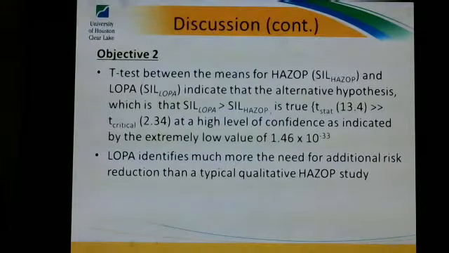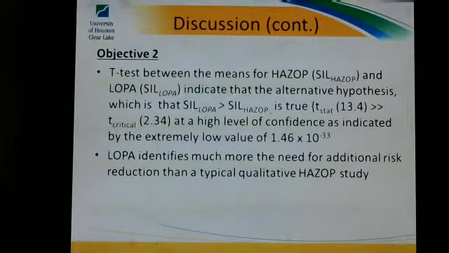Based on the results of the t-test, we can definitely say that LOPA identifies much more of the need for additional risk reduction in comparison to a typical qualitative HAZOP study. So basically, we're accepting the alternative hypothesis that the cell LOPA mean is much greater than the cell HAZOP mean.